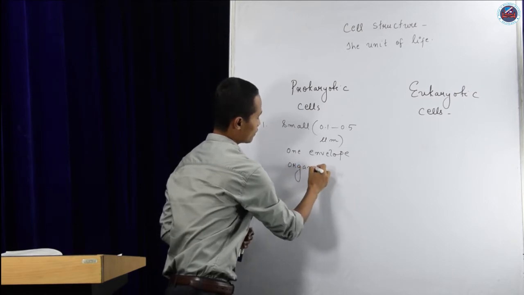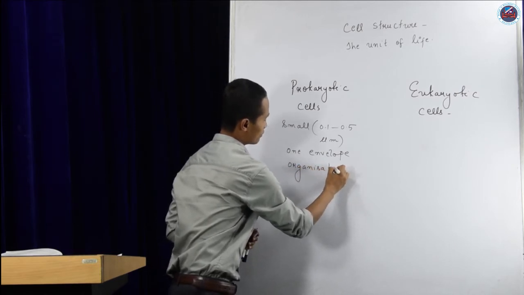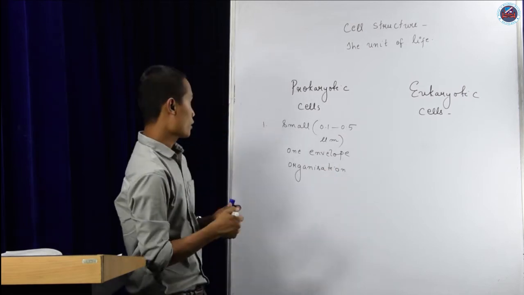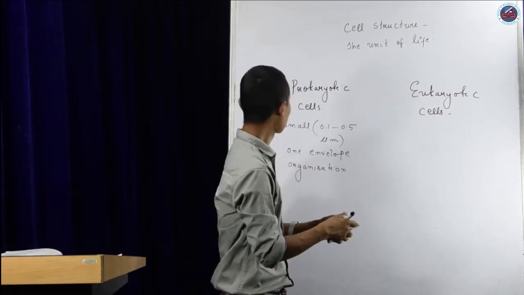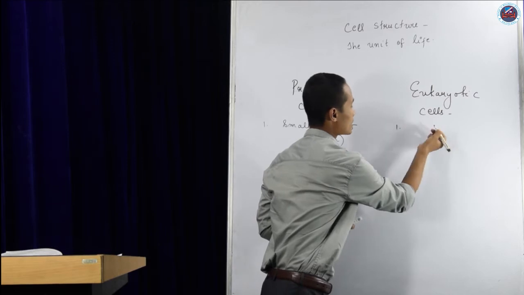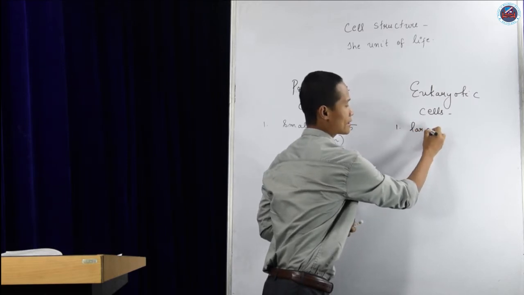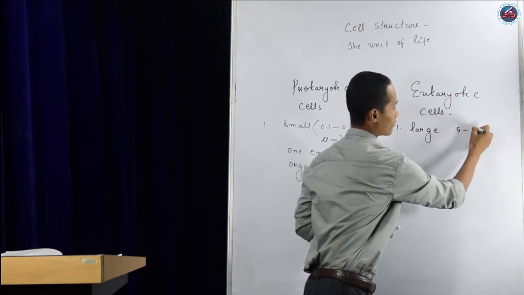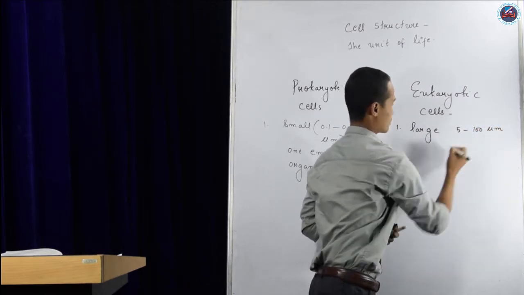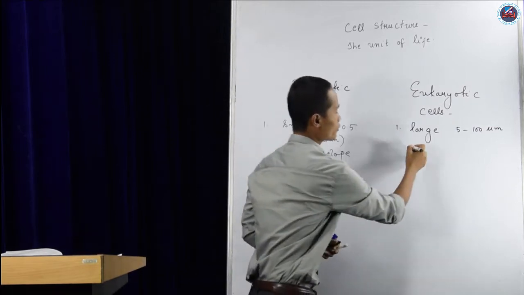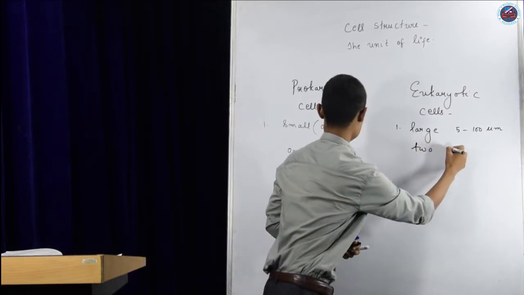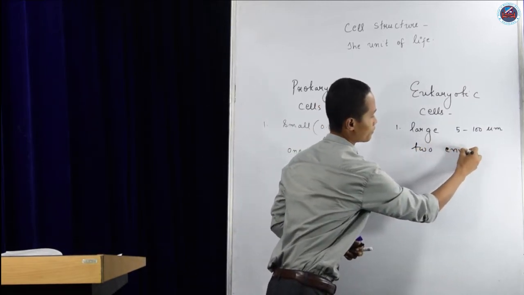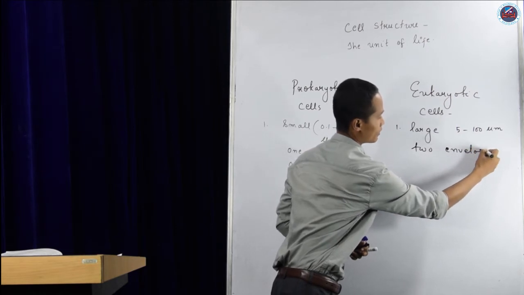Now in eukaryotic cells, you will see that the cell is large in size, around 5 to 100 micrometer, and it will be two envelope organization.